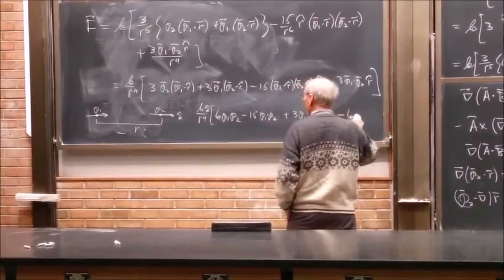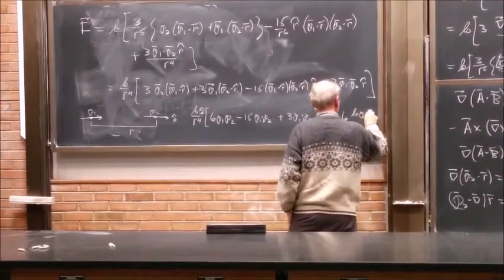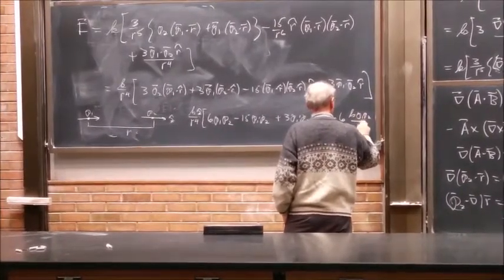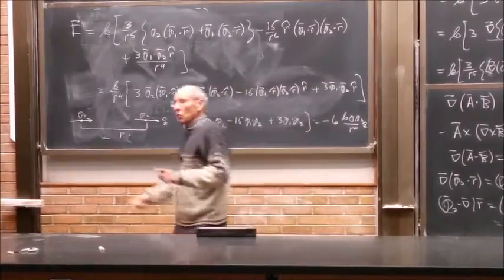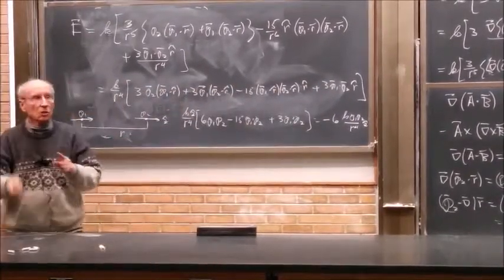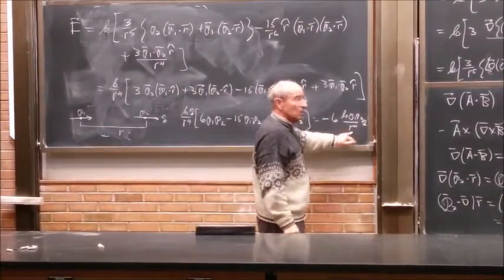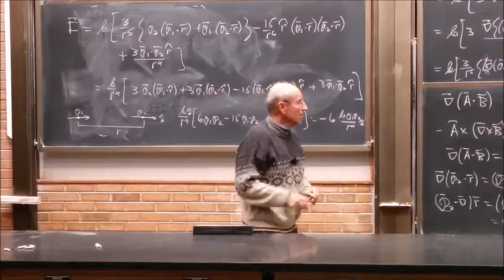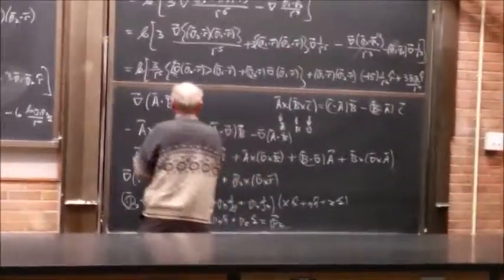So you get minus 6 k P1 P2 over r to the 4th in the z direction. So you get an attraction between the two, which is minus 6 k P1 P2 over r to the 4th. Now, why is that?